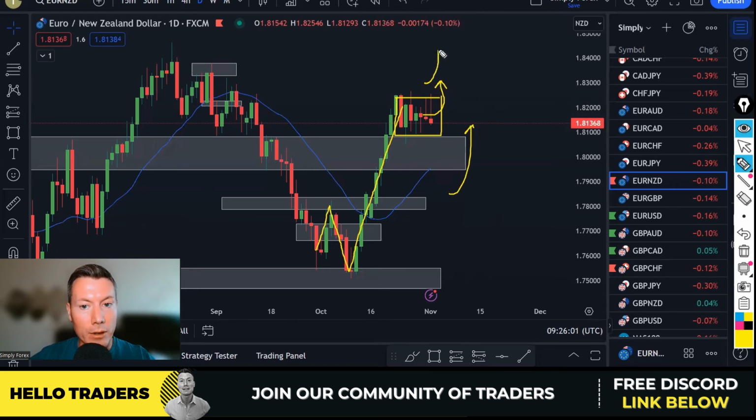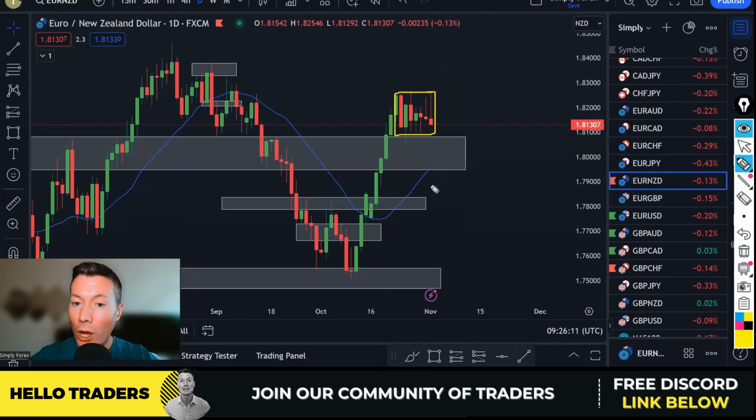If we get that, I will continue buying. But at the moment, there's just too much indecision. There we've got buyers and sellers fighting it out. I do not want to be in that. We need to move one way or the other. But bear in mind, I want to be with the daily trend. So I want to see a break to the upside.